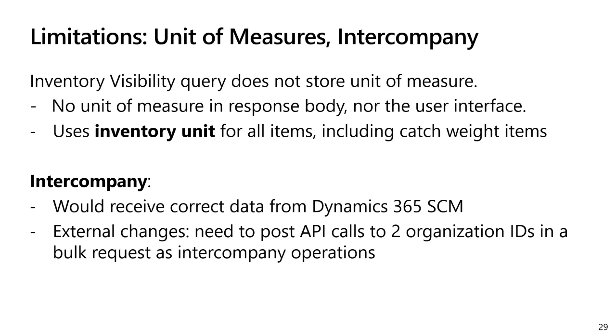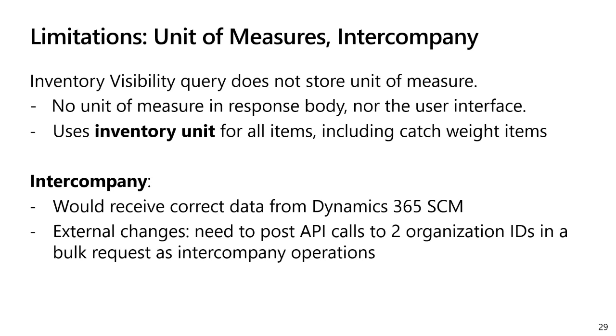So for one box of rice with 10 kilograms, the query will result in 10 instead of 1. And we don't have the intercompany concept inside Inventory Visibility service.